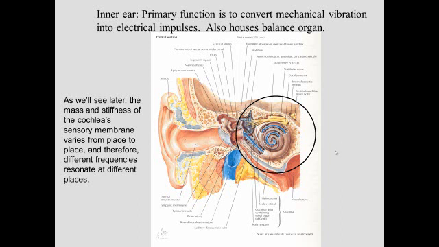And the cochlea, by the way, is the inner ear, for those of you uninitiated. This idea that frequencies are processed in different physical places in the cochlea will be a very important idea when we come back and look more closely at the process of hearing itself.